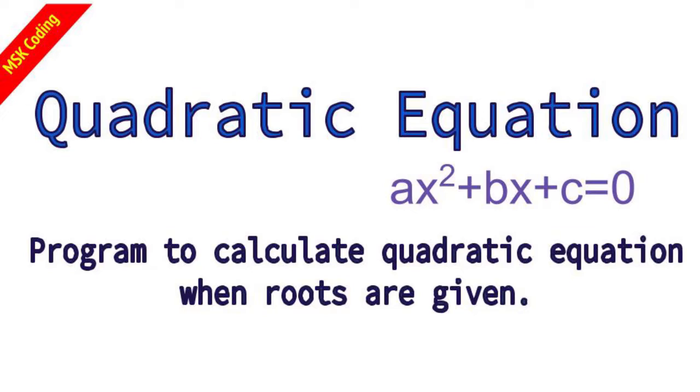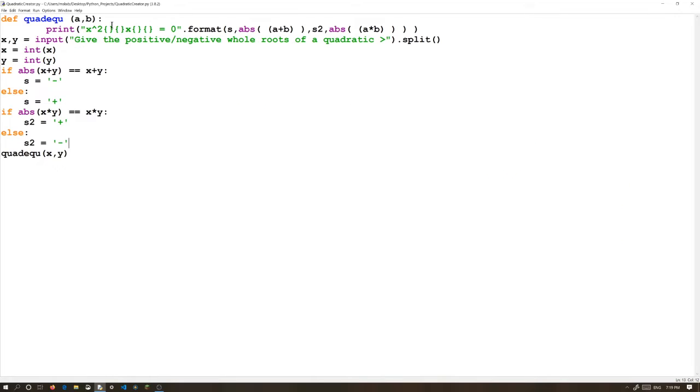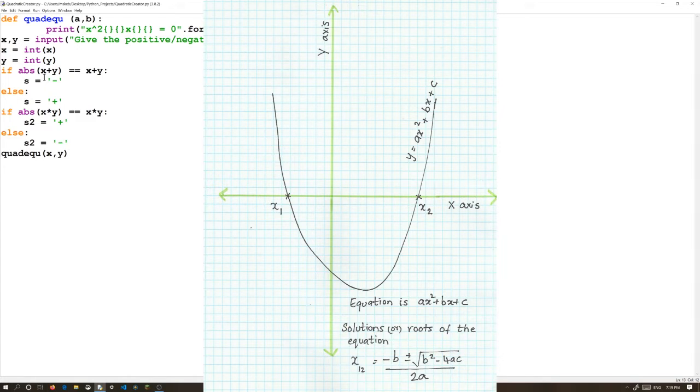In this video, I'm going to be showing you a program. This program calculates the quadratic equation where the roots came from. That all sounds way complicated. What is it? Well, the quadratic equation is an equation in the form ax squared plus bx plus c is 0, and you can graph it to find the solutions.